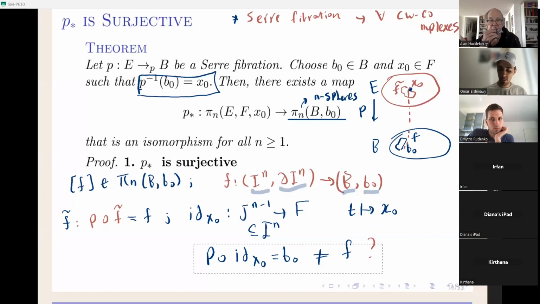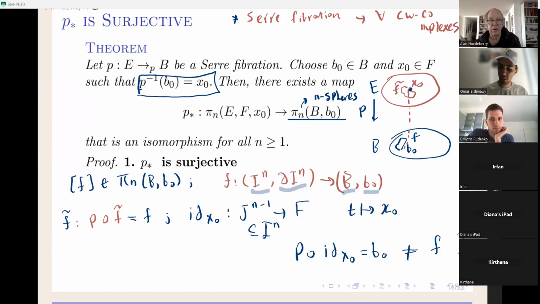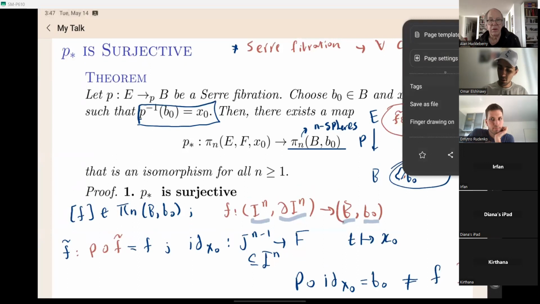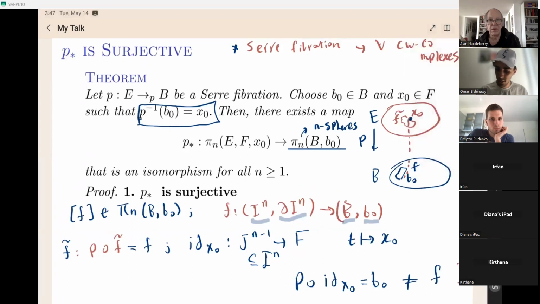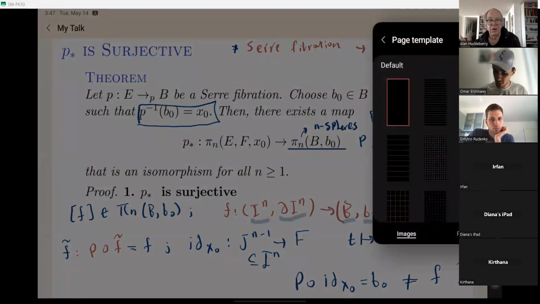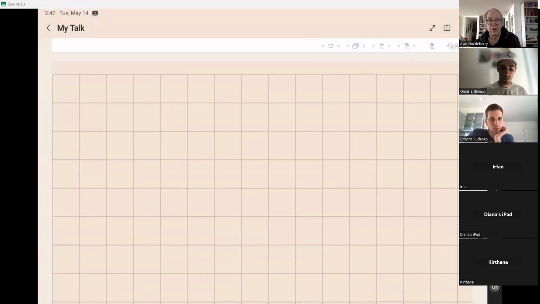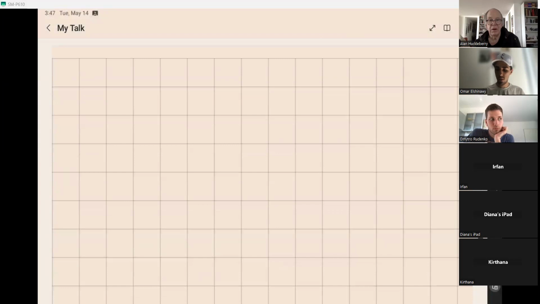So let me put this on the side, perhaps. Maybe I'll make a new page here just to make some space. Yeah, okay, that works. And then it turns out that we can choose the following f prime.